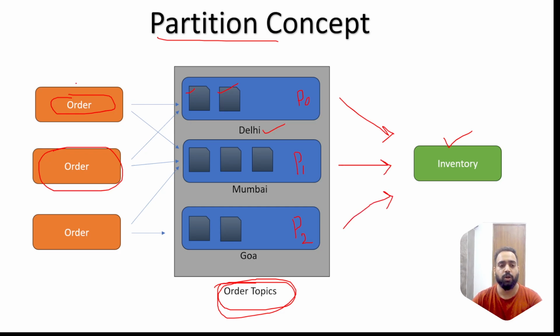Millions of orders have been placed from different locations at the same time. Your company is going through an annual sale or a Black Friday sale, and this microservice is getting loads of events from different partitions or different topics. So how will this be managed?